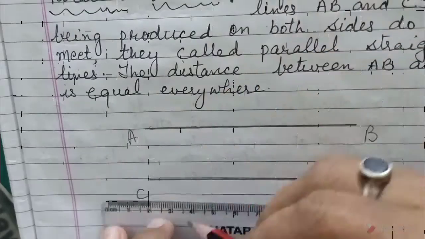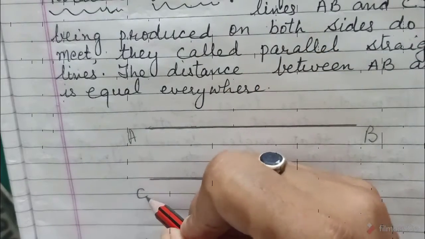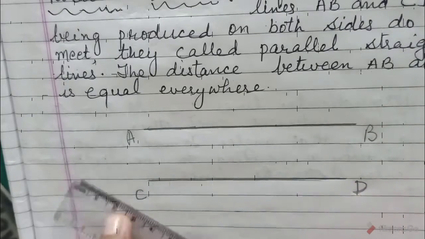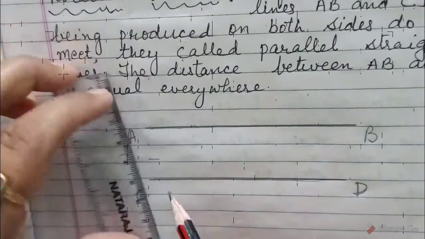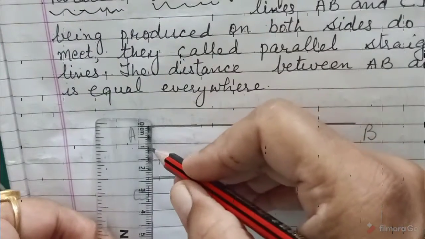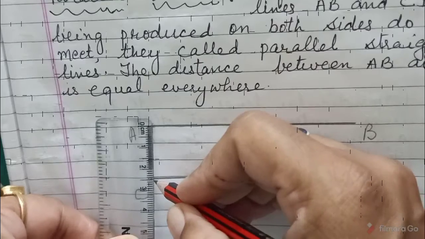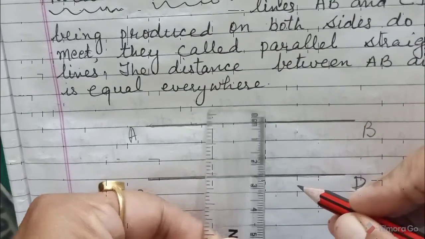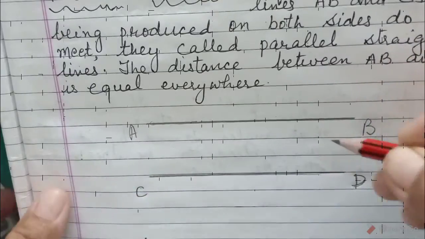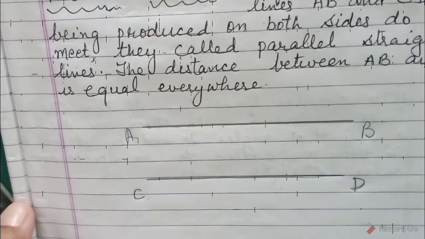Now the distance between these two lines AB and CD is equal. Now you can put here 0, 1, 2 and 2.5 centimeter. The distance between these two lines is equal; they are called parallel lines.